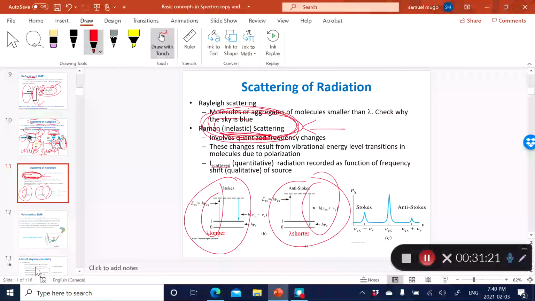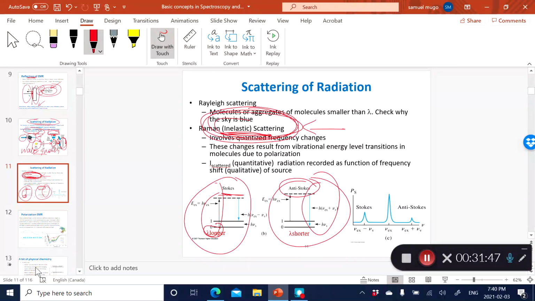As you would expect, the probability of having a Stokes shift is a lot higher than the probability of having an anti-Stokes shift. Because in almost all cases, the electrons are transitioning from the ground state to a higher energy level.